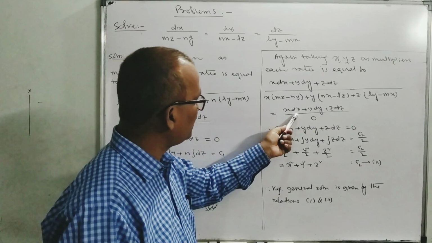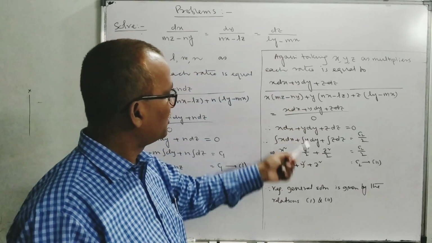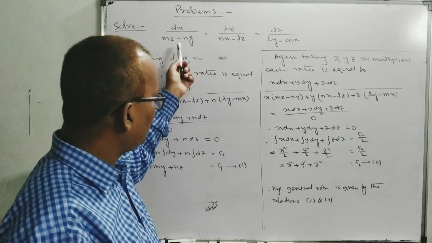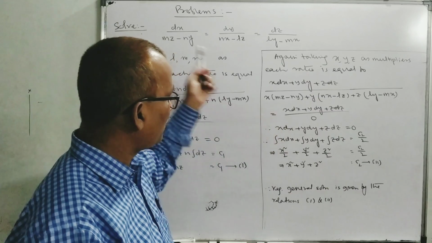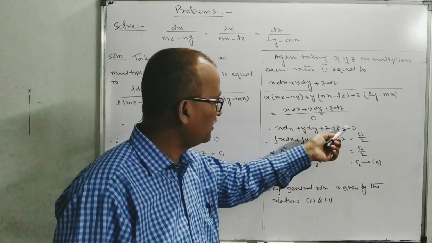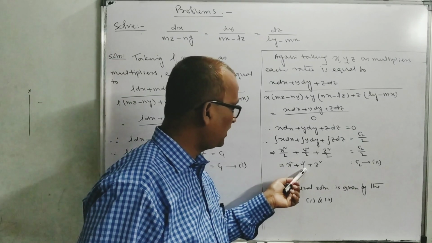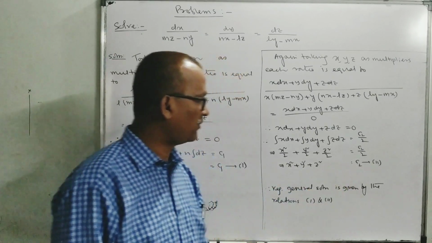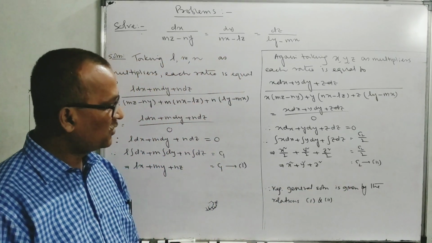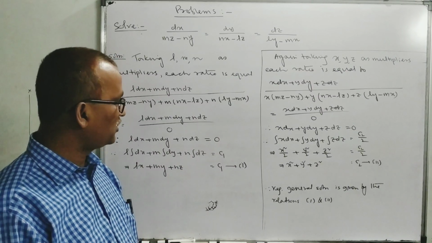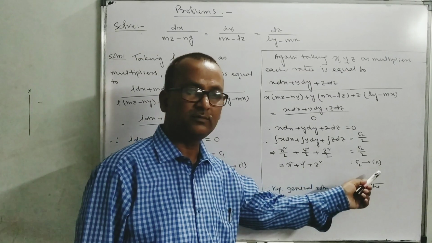So now this ratio is equal to any one of them. Taking this and any one of them, we get this value. Integrating this, we get x square plus y square plus z square equal to C2, equation number 2. So the general solution is given by the combination of equations 1 and 2.